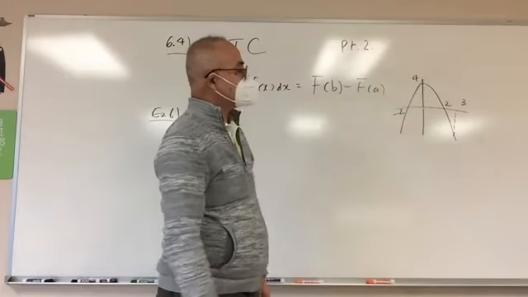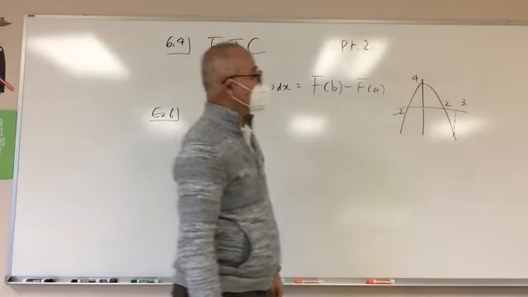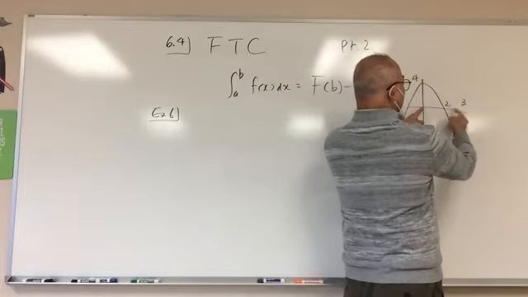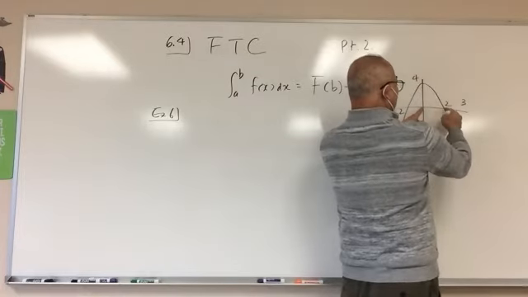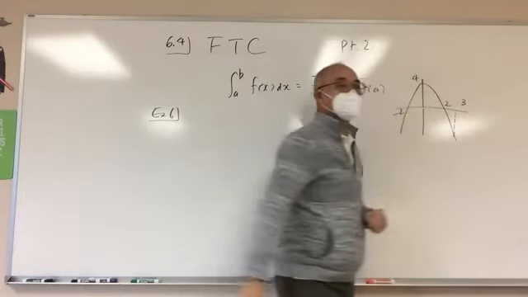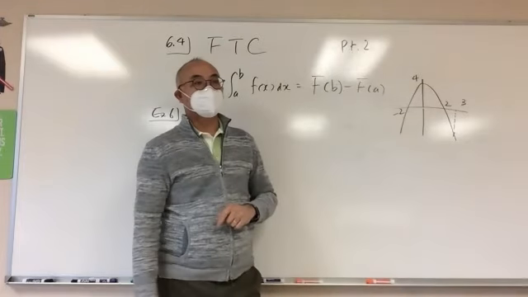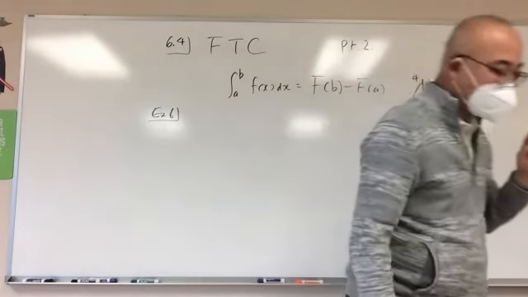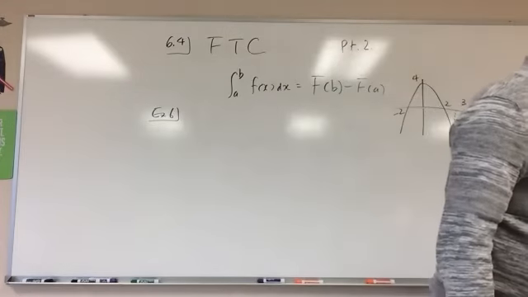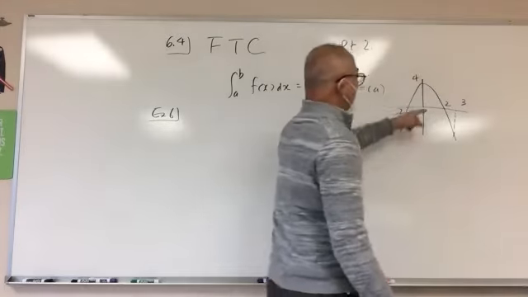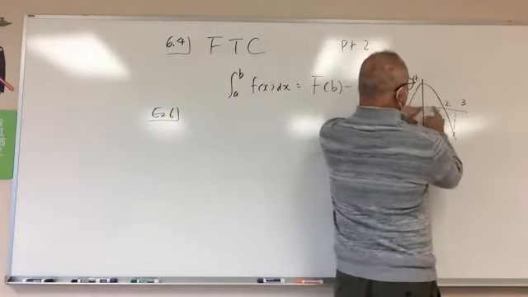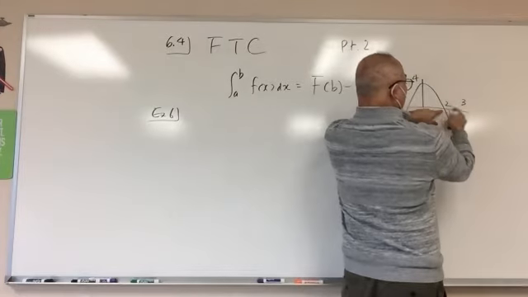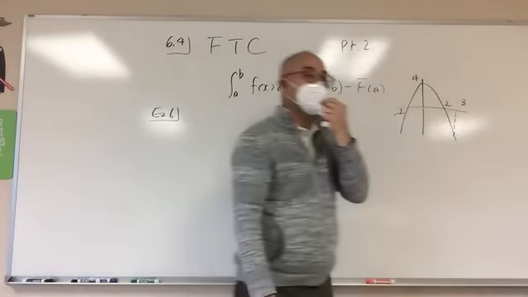So since they said area between the curve, we can't just go ahead and blindly take the integral from 0 to 3, because this is positive and this is negative, correct? If we did the integration, that would be area under the curve, right? But since they are asking for the area between the curve and the x-axis, you would take the integration from here to here just as you would normally do, but you would have to flip this one because you don't want to subtract it, right?